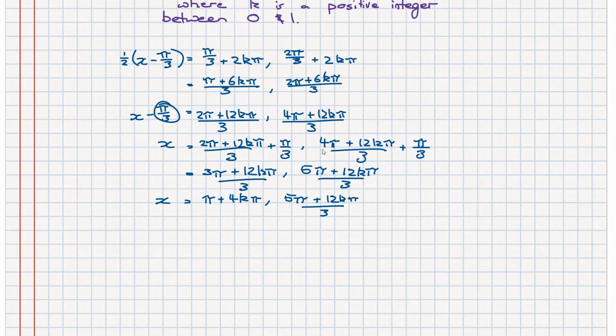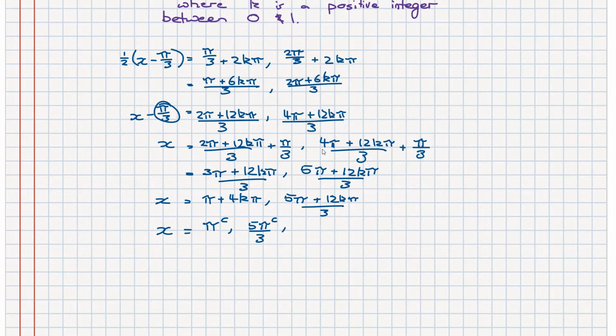And remembering that k is equal to 0 all the way up to 1, so all the integers between 0 and 1, we can say all of our solutions are going to be pi plus 4k pi, where k is 0, it's going to be simply pi radians, and then this one's going to be 5 pi plus 0, so that will be 5 pi on 3 radians.